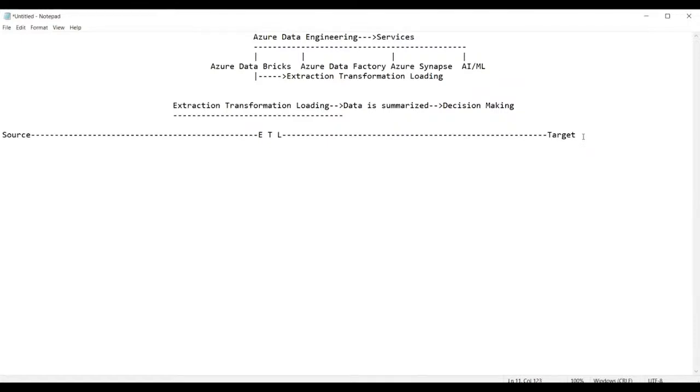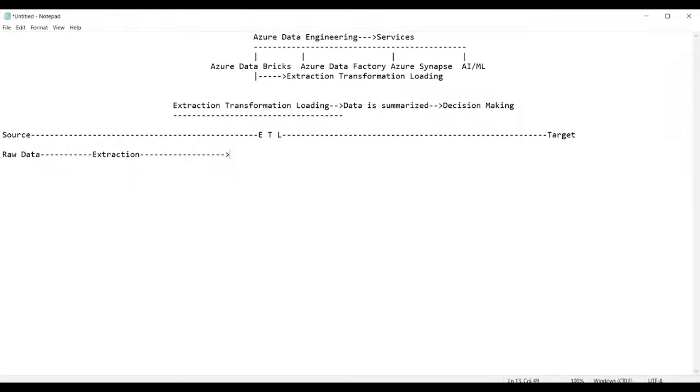Source is a place where we get the raw data. This raw data is extracted as per the requirement in the process of extraction. Extraction means picking up the data.